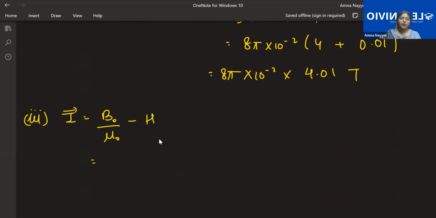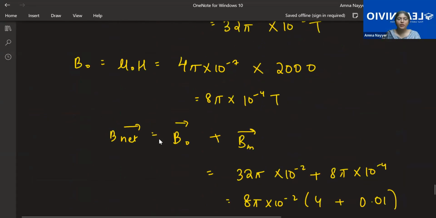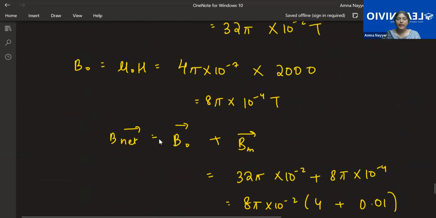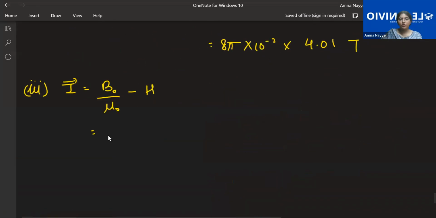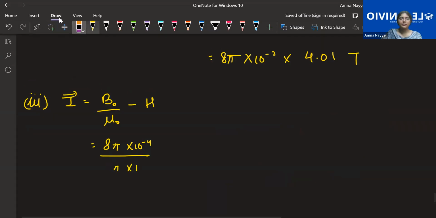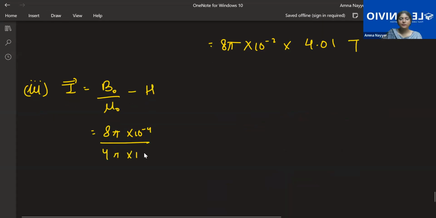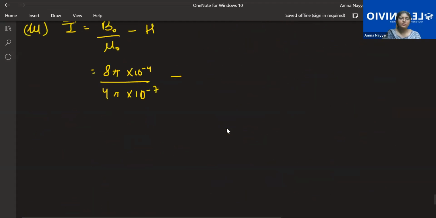Okay, so this we've already got. B is 8π into 10 to the power minus 4, and mu naught is 4π into 10 to the power minus 7. Minus H, we've got in the first part, 2000.